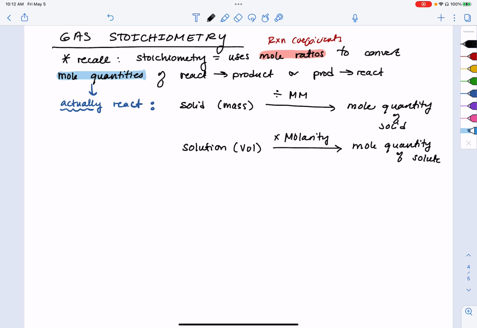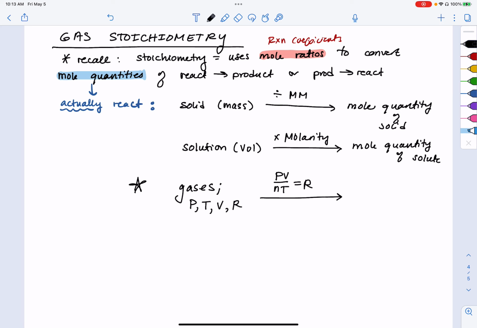So now when we are talking about gases, I need to know something like a pressure, a temperature, a volume, and R, because the ideal gas law allows me to relate those variables in order to get moles n.